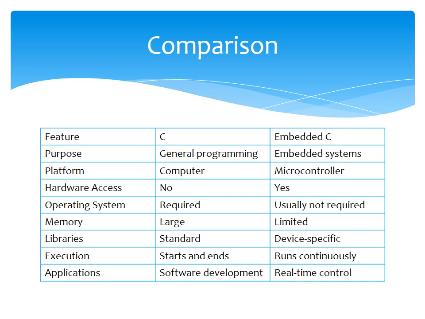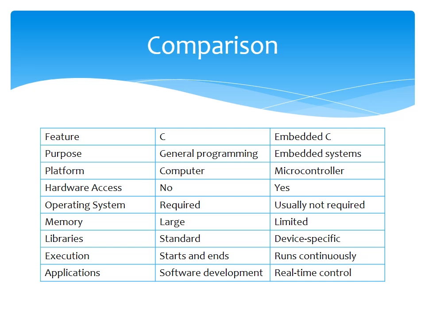Looking into the comparison, you can see the features are given at the leftmost: purpose, platform, hardware access, operating system, memory, libraries, execution and applications. In C it's general programming, and in embedded C it's embedded systems. Here it's computer, there it's microcontroller. Here hardware access is not needed, but there hardware access is needed.